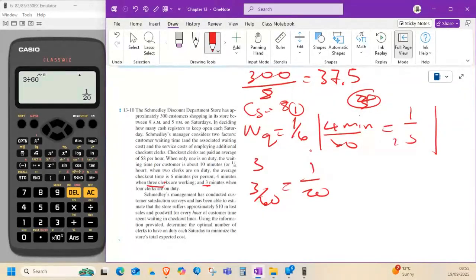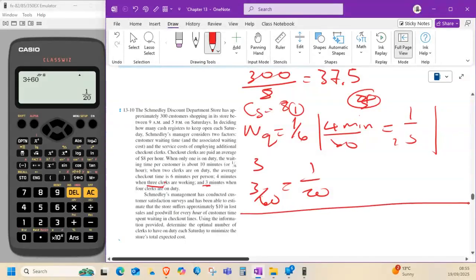Shemley management has conducted customer satisfaction surveys and has been able to estimate that the store suffers approximately $10 lost in goodwill for every hour of customer time spent waiting in checkout lines.